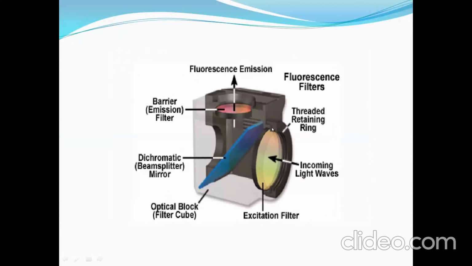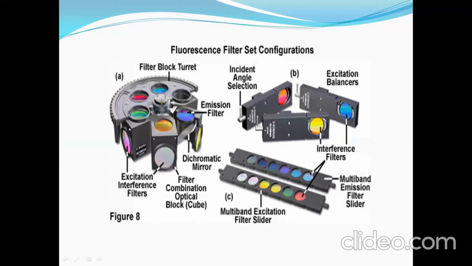So when we change the excitation filter, we are changing the whole block, where the dichroic mirror as well as the barrier filter is also changed. You can see different blocks present in the filter block turret, so when we change each block, we change both the dichroic mirror as well as the emission filter.